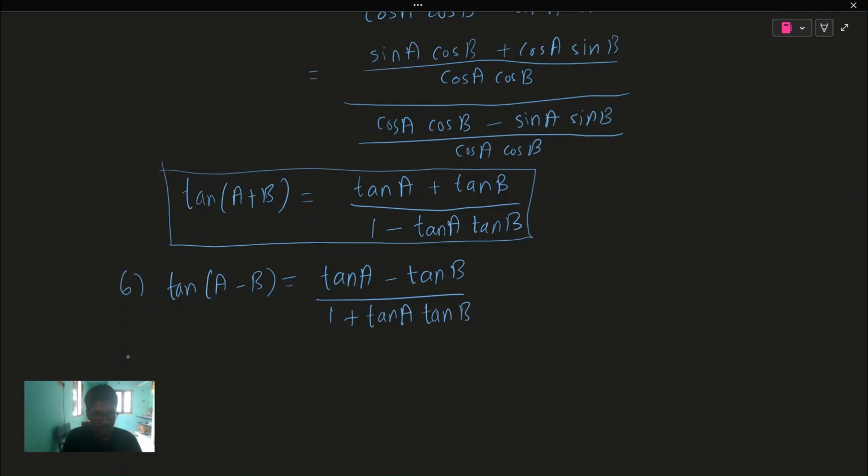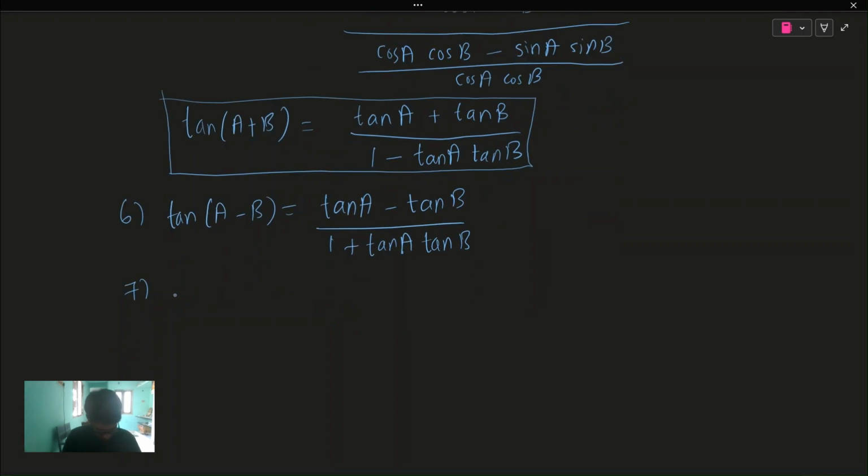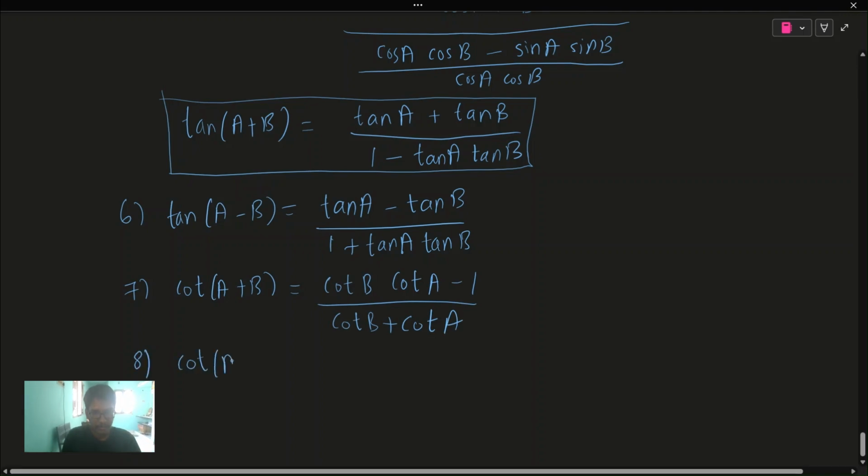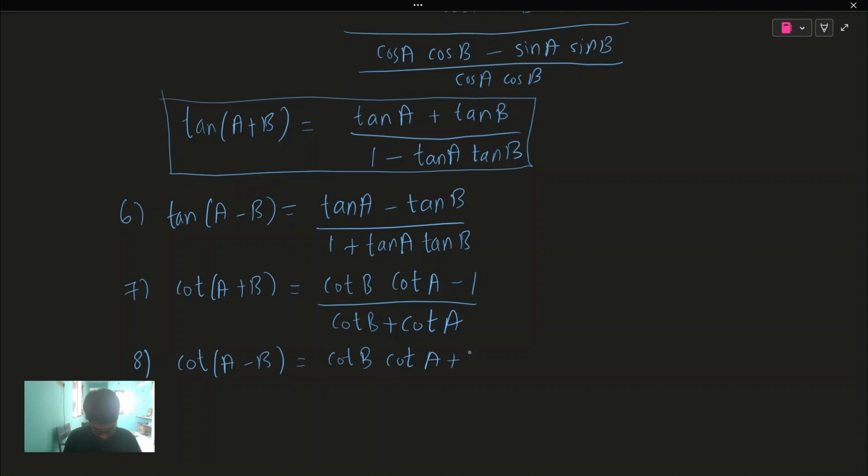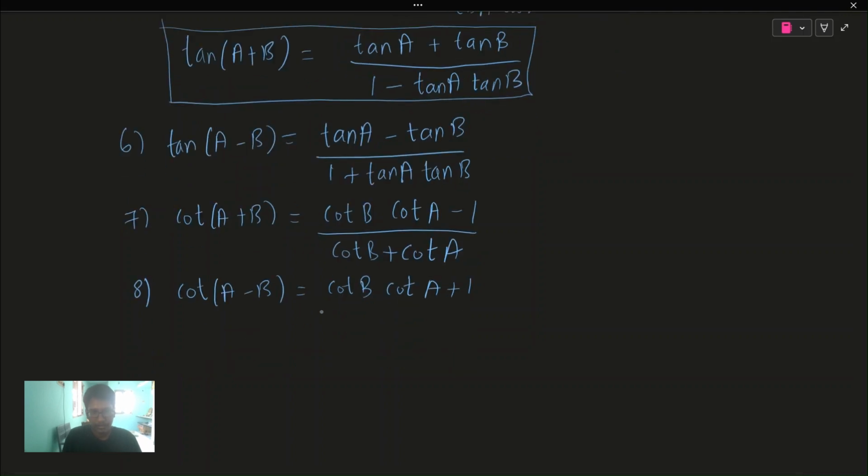Like we all know, cot of A plus B would be 1 by tan of A plus B, which is cot B cot A minus 1 divided by cot B plus cot A. Same way, cot of A minus B gives cot B cot A plus 1 divided by cot B minus cot A. Let's remember cot B first and then cot A first so that there won't be any confusion between cot of A plus B and cot of A minus B in the denominator part.